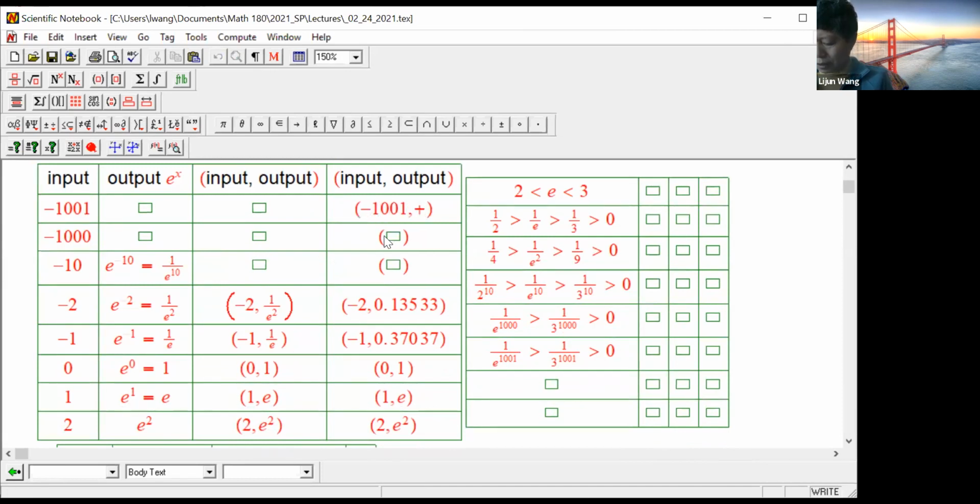This input is negative 1000, the output is positive. And this guy is negative 10, and the output is going to be a positive number, so small and so close to 0.